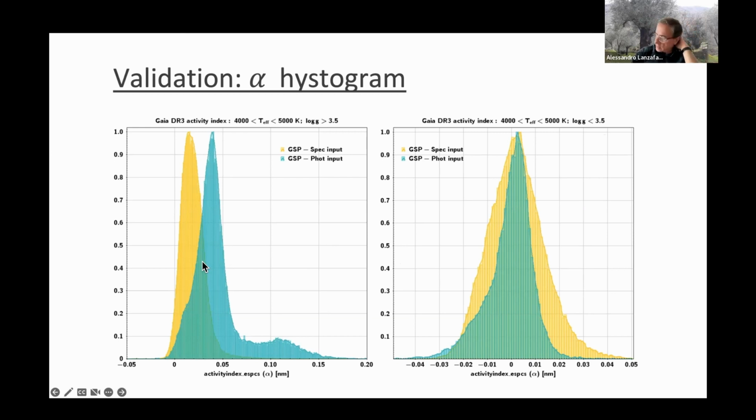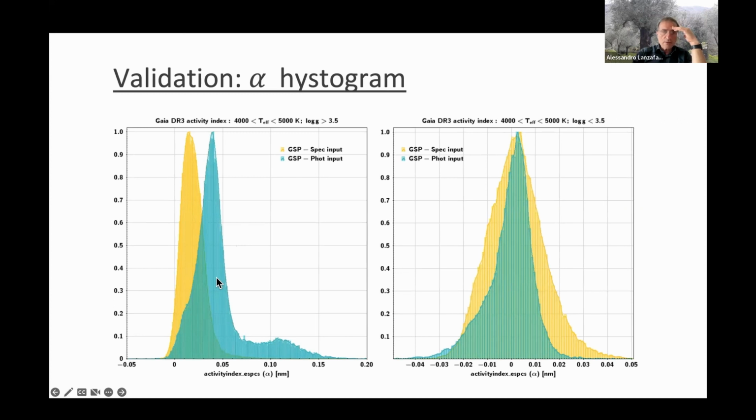This outlines a couple of things. When the star is a fast rotating star or an active star, in DR3, GSP-Spec did not provide essentially parameters. So in the case of an active star, an accreting star, or a very active star or fast rotating star, the input parameters come essentially from GSP-Phot.